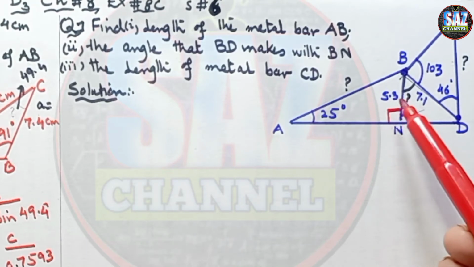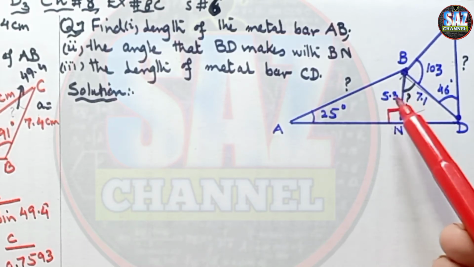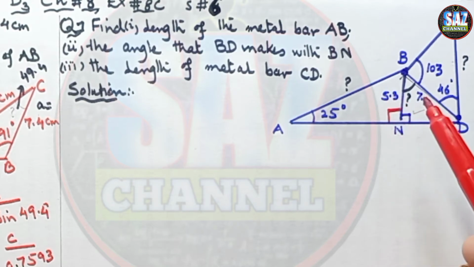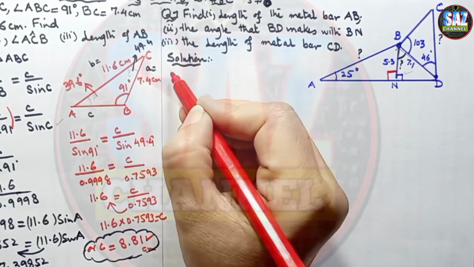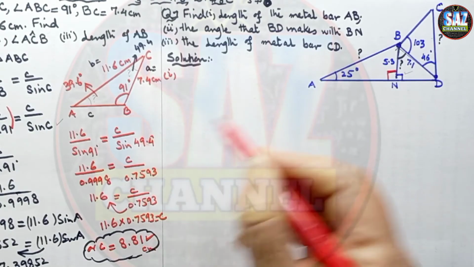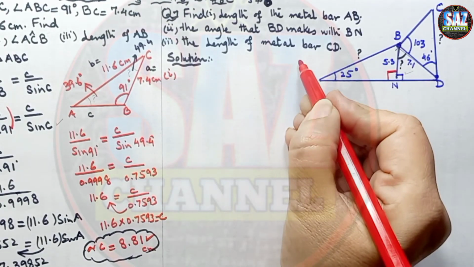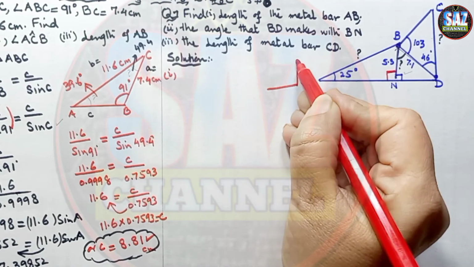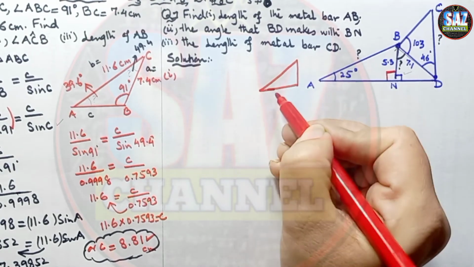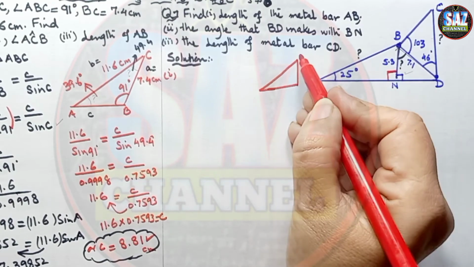So preferably we will be using basic trigonometric ratios to find the unknown of this question. It's really good to make small sketches before going to the solution. So I'm making the triangle BAN.